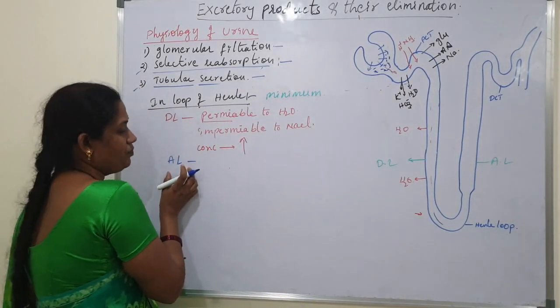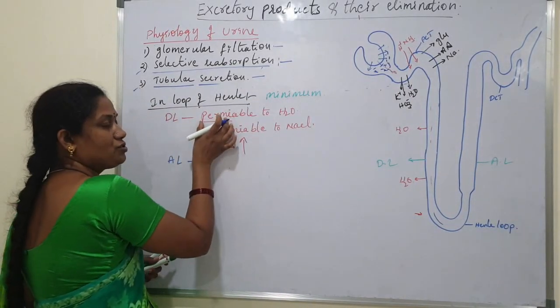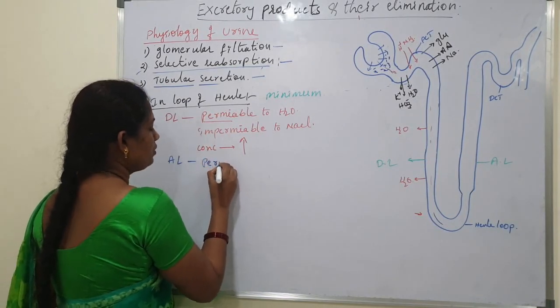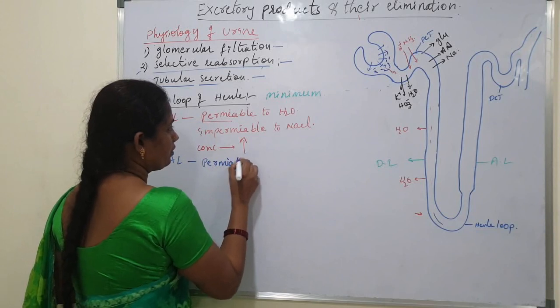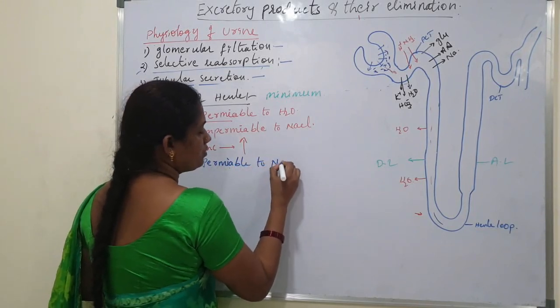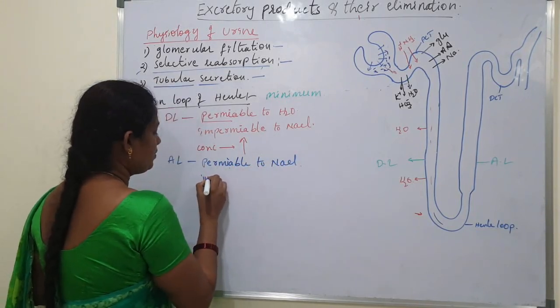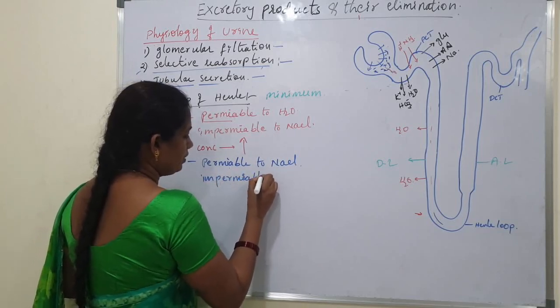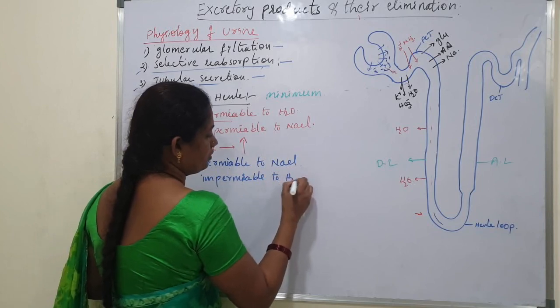Next, the ascending limb is opposite to the descending limb, which means it is permeable to sodium chloride and impermeable to water.